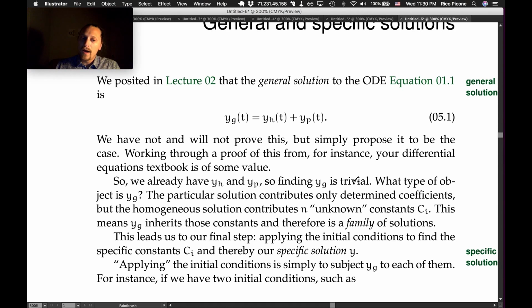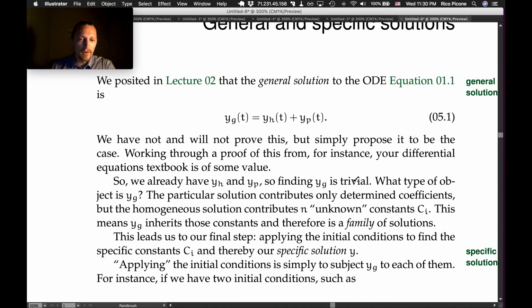This means Yg inherits those constants and therefore is a family of solutions. Just like the homogeneous solution, it's a family of solutions. So if you choose different values of C, for each C variant we have a different solution. So it's a whole family of solutions.